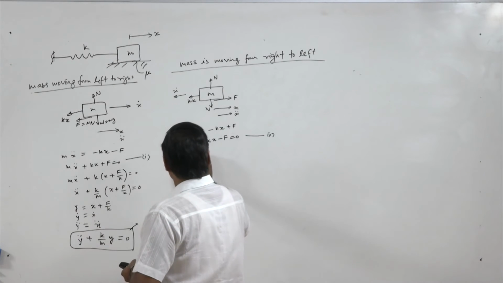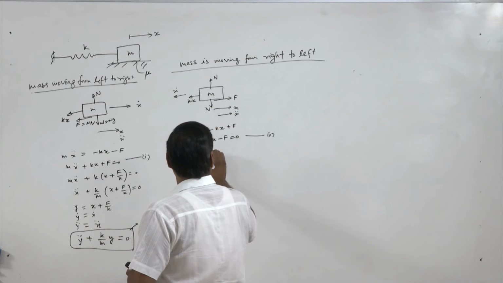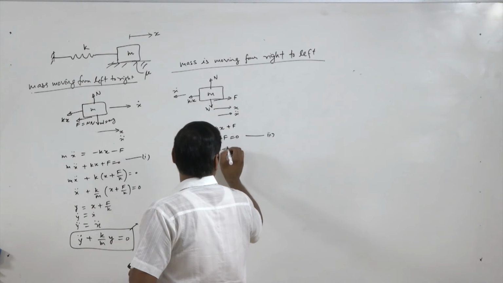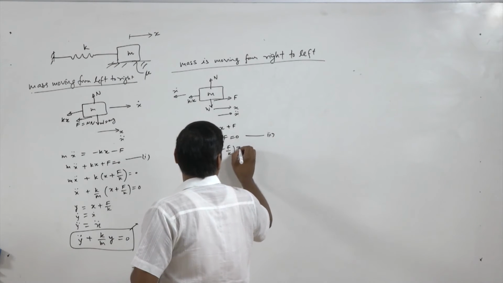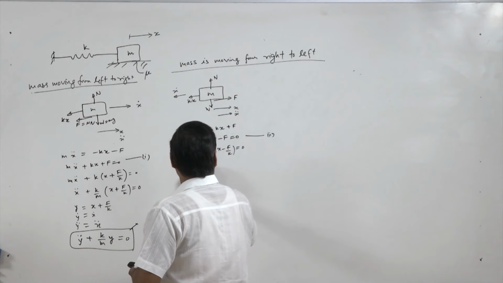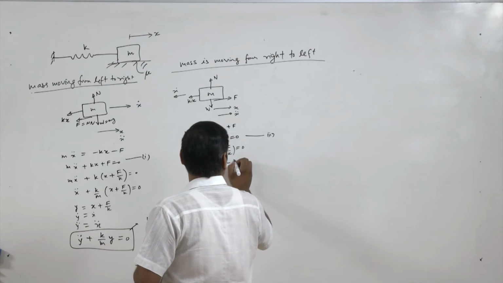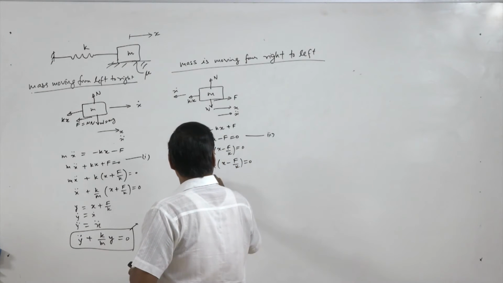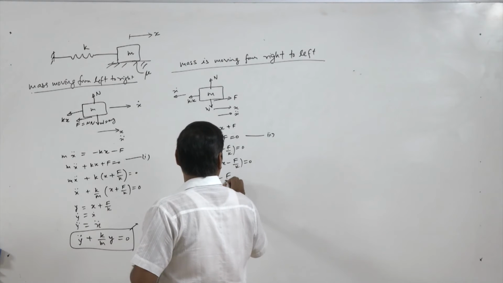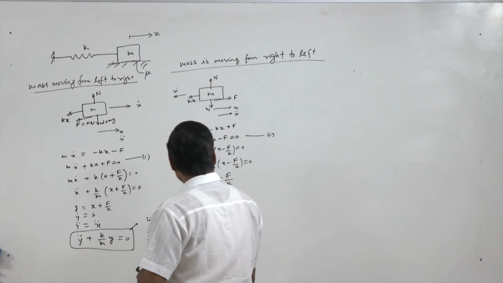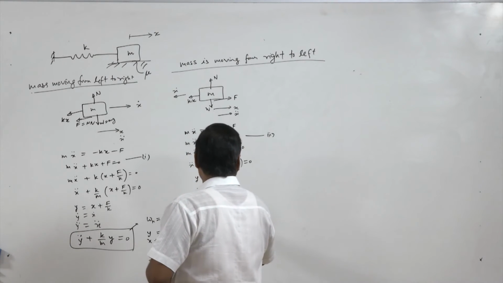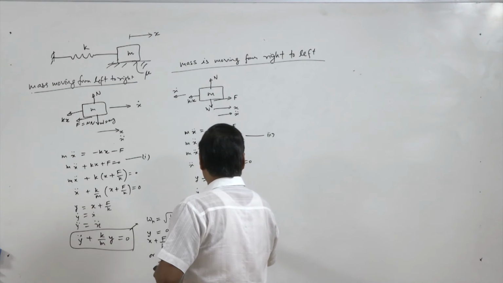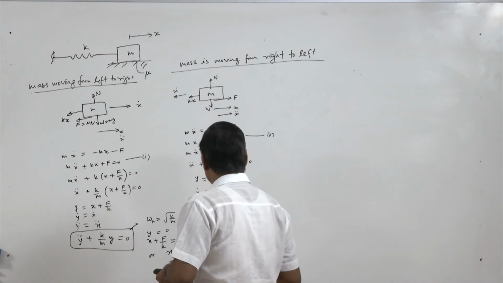Now again we do mx double dot plus kx minus f by k equal to 0, and x double dot plus k by m x minus f by k equal to 0. So again we assume y equal to x minus f by k here, and y dot equal to x dot and y double dot equal to x double dot.